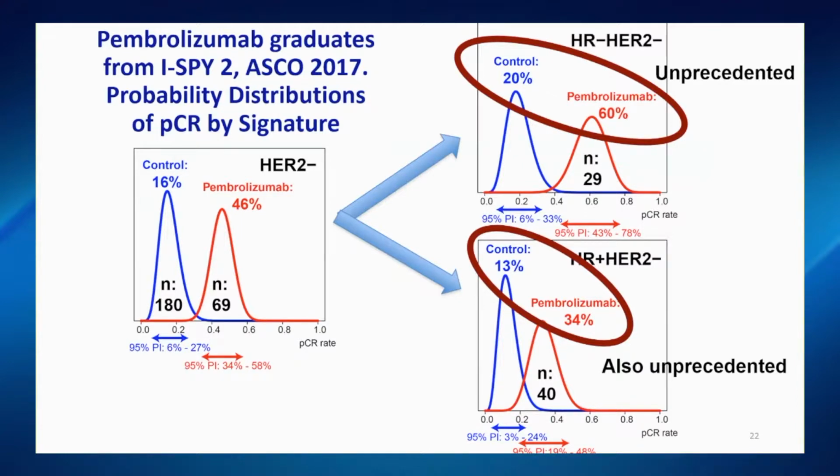Guess how many patients we had through surgery when the algorithm said, this is a good drug and it should graduate. It reached our criterion of 85% success in a future phase 3 trial when there was 1 patient through surgery. And you're saying, how in hell could that happen?